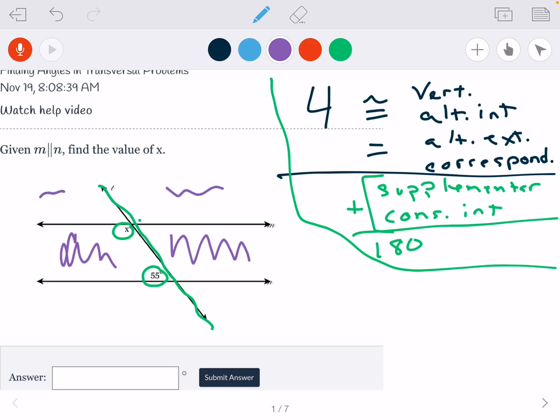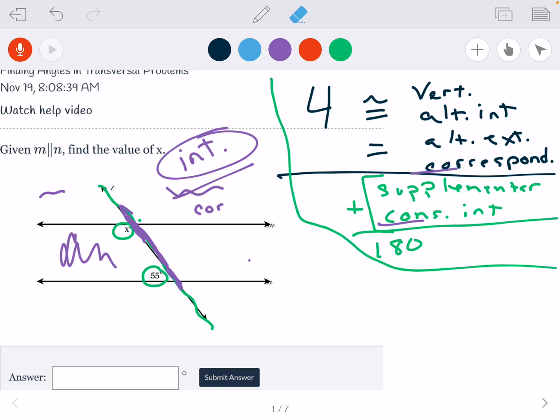Well, we can tell that they're inside, so it's interior something. The next thing you ask yourself is, are they on the same side of the transversal? The answer is yes. They're on the same side and inside, so they can only be corresponding or consecutive interior.